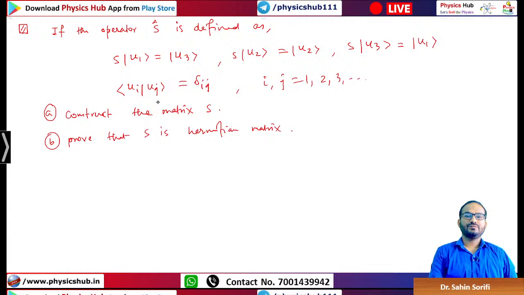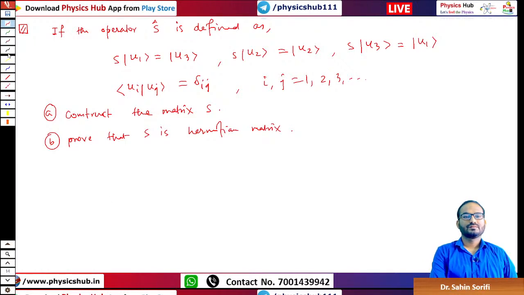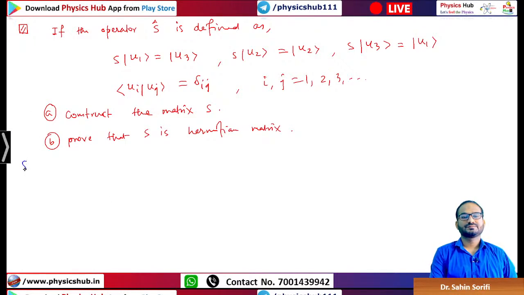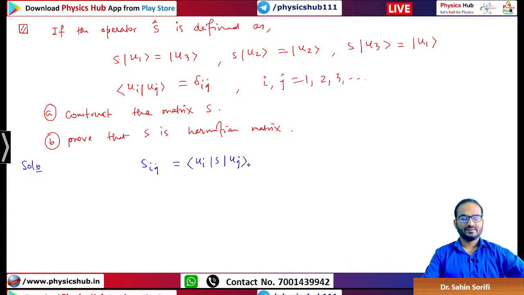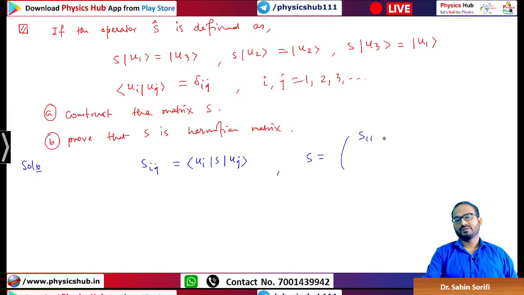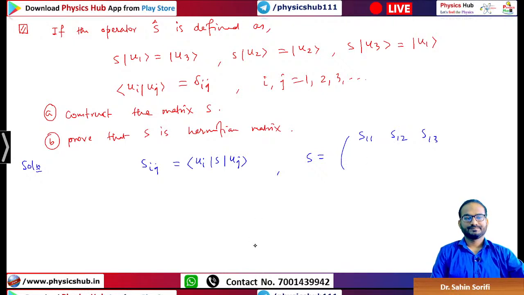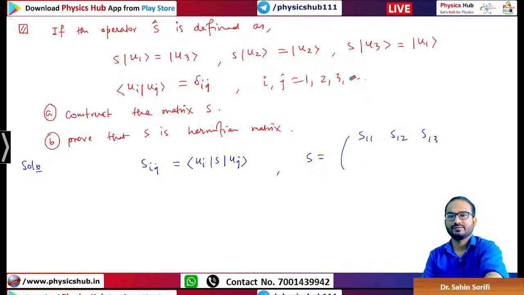So the basis is Ui. So what will be the matrix elements? Matrix element Sij will be simply Ui S Uj, isn't it? And the matrix S is represented by S11, S12, S13. So your dimension is defined. Only 3 terms will be there.